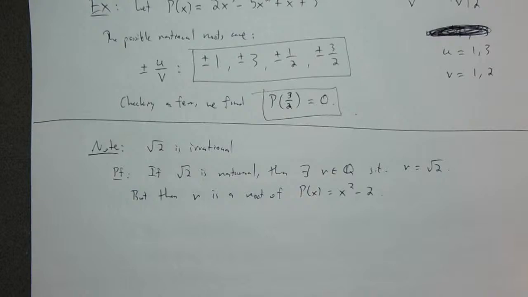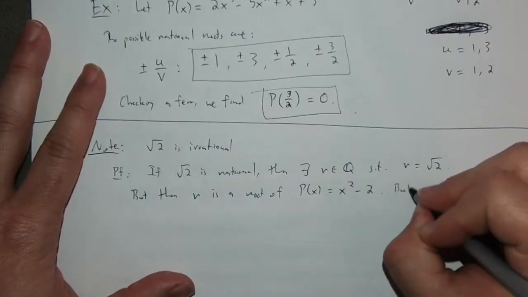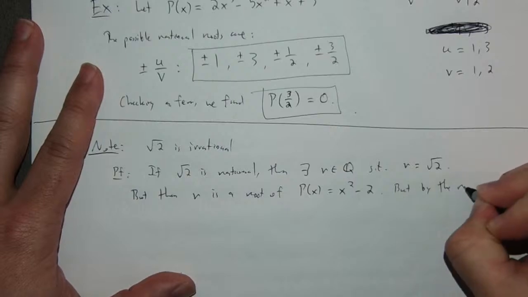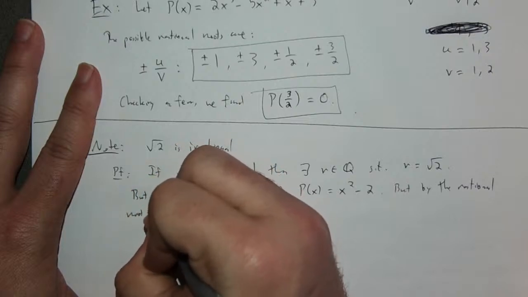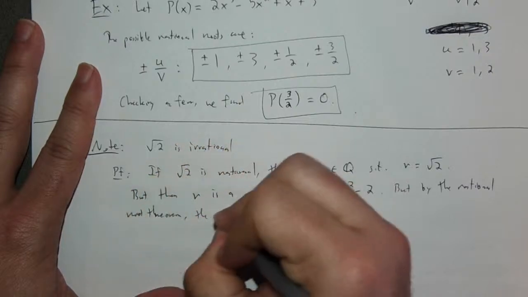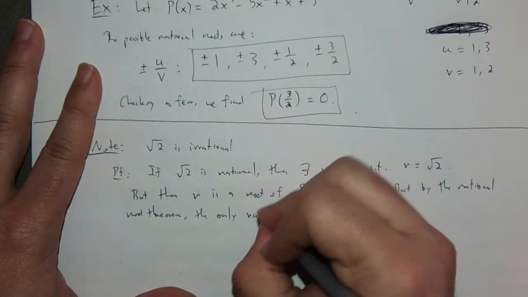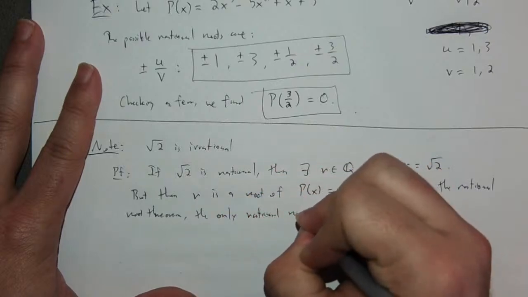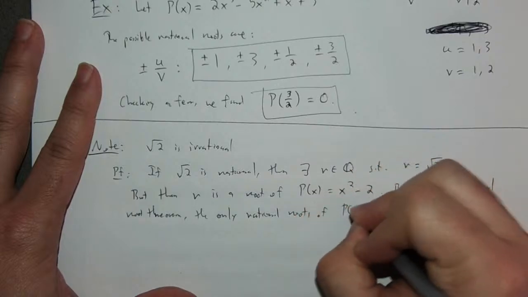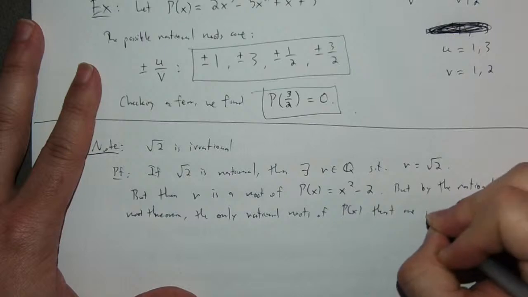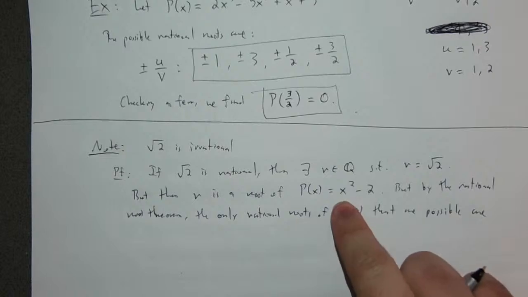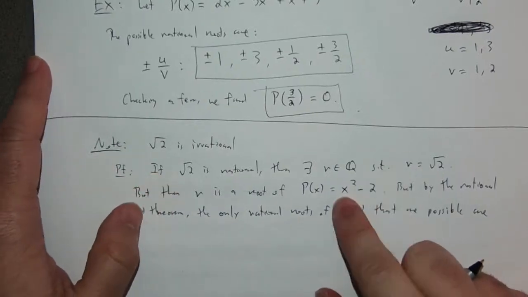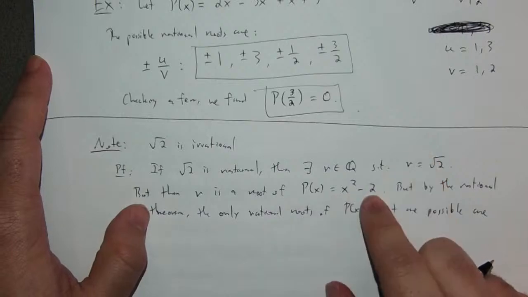All right. But by the rational root theorem, the only rational roots of p of x that are possible are, let's think about this, the leading coefficient is 1 and the constant coefficient is minus 2.